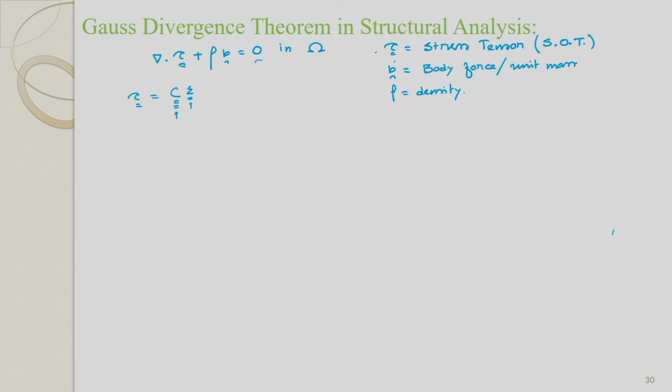So, these two are second order tensors, whereas this C is the fourth order constitutive tensor, where in linear elasticity the strain tensor is related with displacement by this relation.